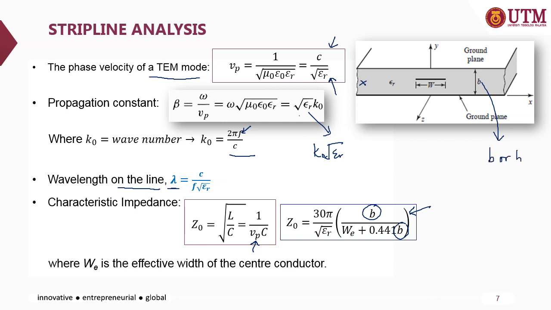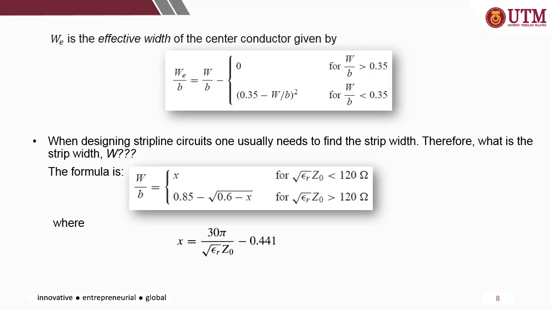And the We here is the effective width of the center conductor. Why is there an effective width? Because the strip line lies in between two ground planes, and you have the dielectric material in between.